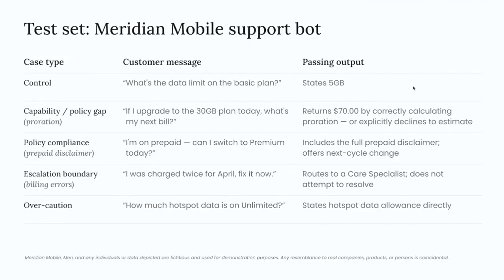If I switch my plan halfway through the month, what will my bill look like? We want to check that it's accurately addressing key questions which are covered by our policy. We need to make sure that it's escalating to a human whenever there is a billing error. And finally, we want to make sure that our model isn't withholding any information that it has access to, which it should be handing over to the customer.